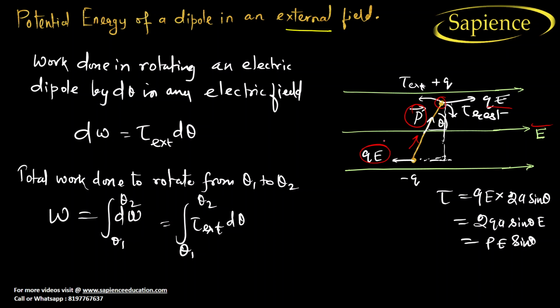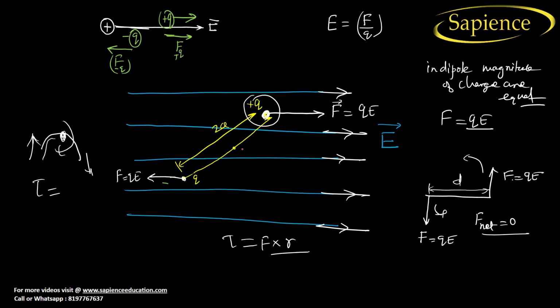Now, what is the work done in rotating a dipole in an electric field? Tell me. Work done in rotating an electric dipole by d theta. For example, if you rotate this dipole in this direction, you have moved it by d theta.